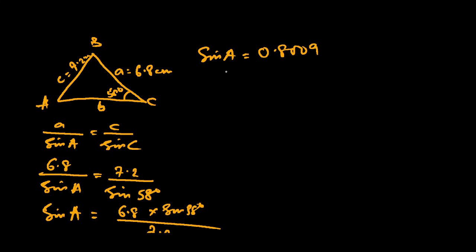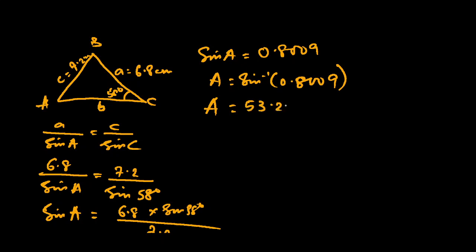Abi? So A is equal to arc sine. Please don't call this sine inverse. It's pronounced as arc sine of 0.8009. So A is equal to 53.22 degree.